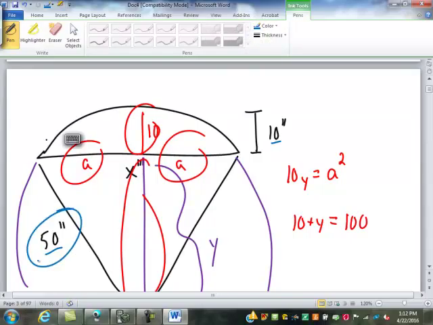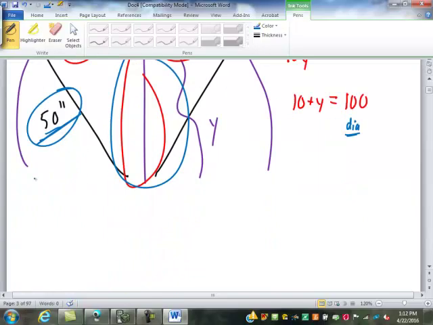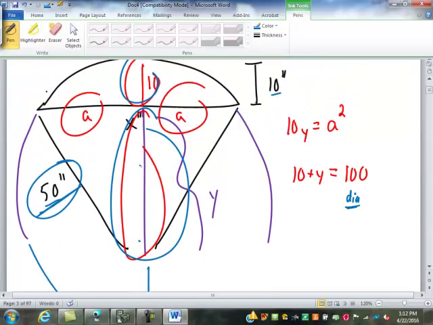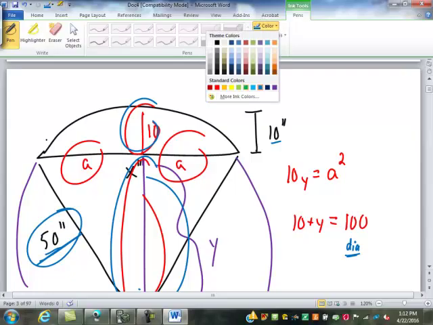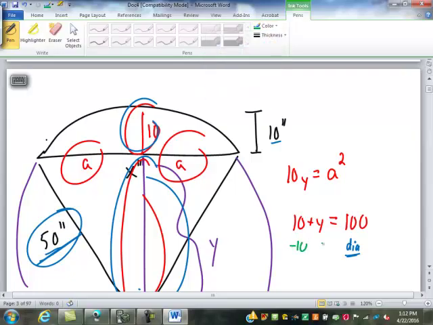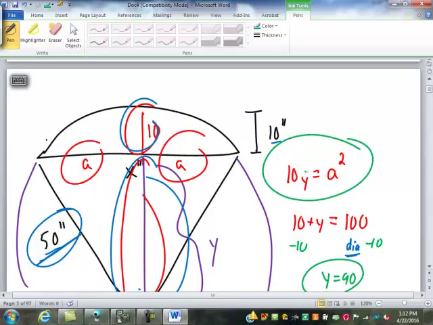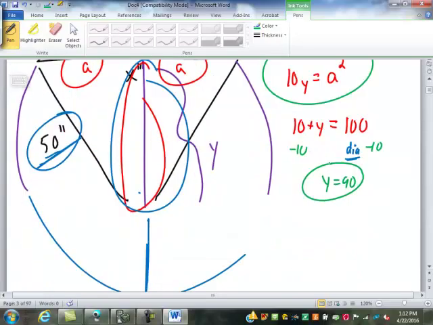I got a radius of 50, which means that's a diameter of 100. And 10 plus y equals the diameter of the circle. Remember, y comes all the way down to the other side, not just to the center. So that tells us y must be how much? Y equals 90. So 10 times y equals a squared becomes 10 times 90 equals a squared.